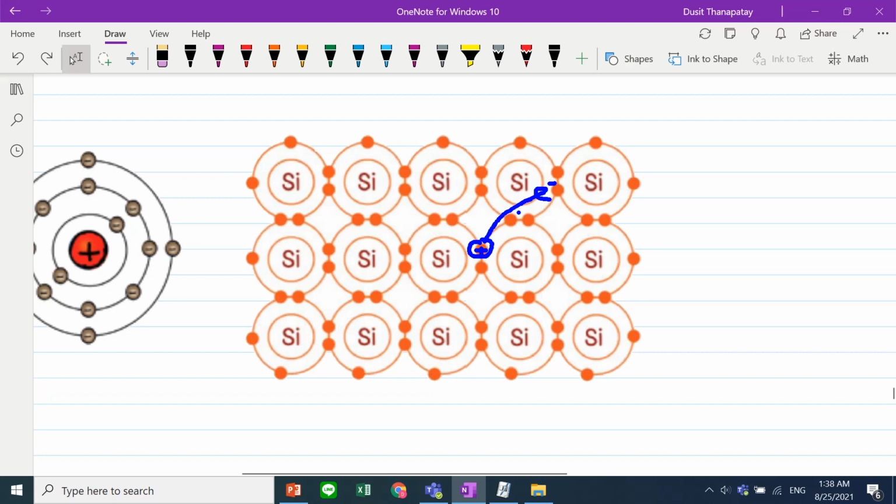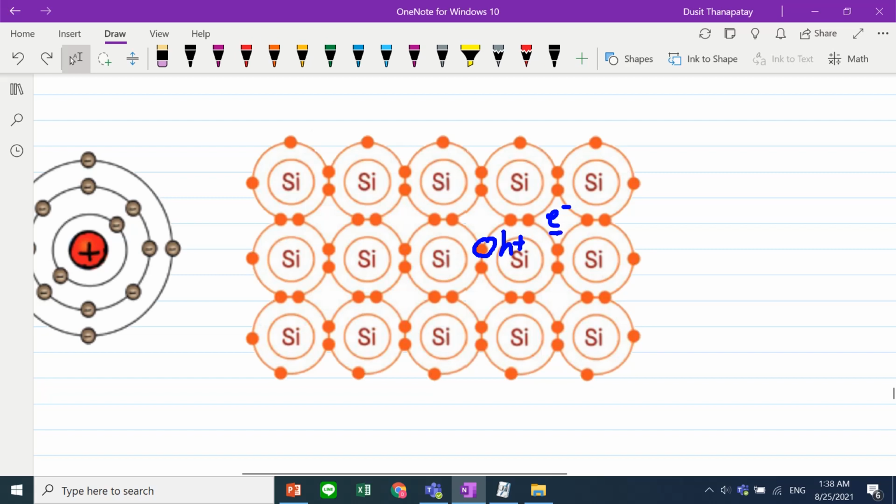It's called a hole. This empty space is called a hole. This hole has positive charge, the same magnitude as an electron, but not negative. Hole is positive charge. Now let's consider if an electron moves out from this bond and some hole is left here, right?